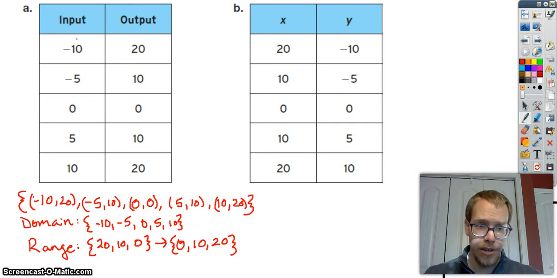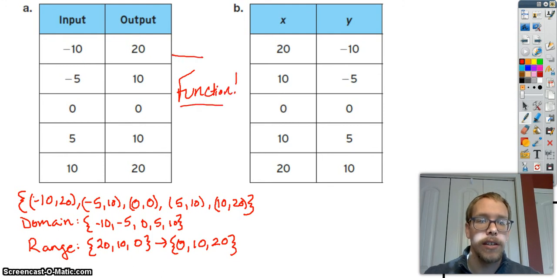Notice, there is no number that appears twice in our input column, meaning none of these domain values are associated with more than one output. So this is indeed a function, all right? This here is a function because each input is associated with one and only one output.